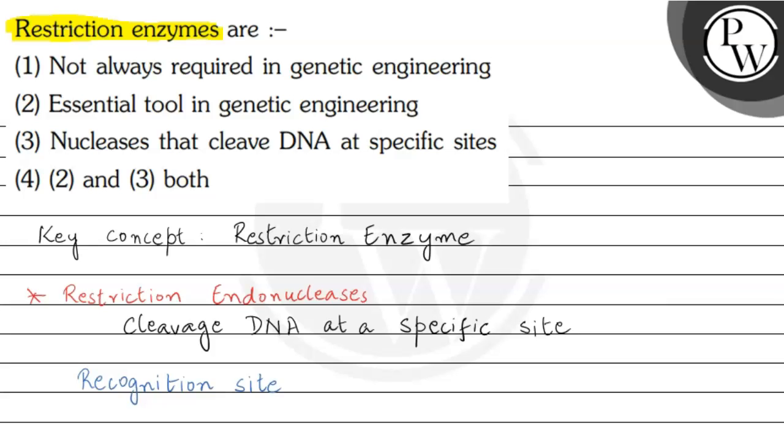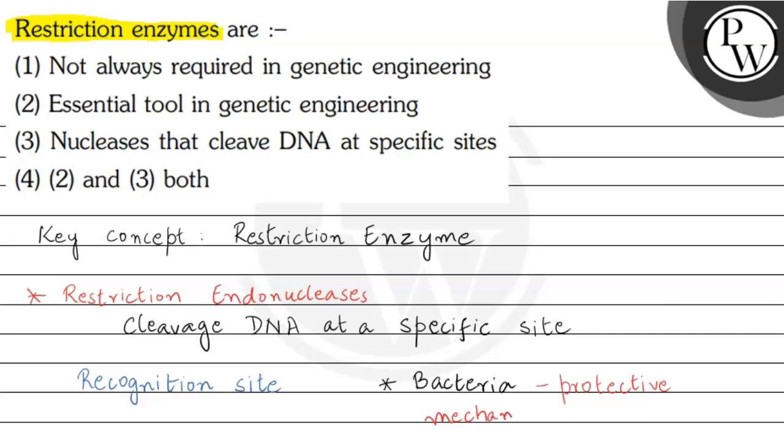Now this enzyme is particularly found in bacteria. So this was first discovered in bacteria because this enzyme is a protective mechanism for bacteria against bacteriophages.